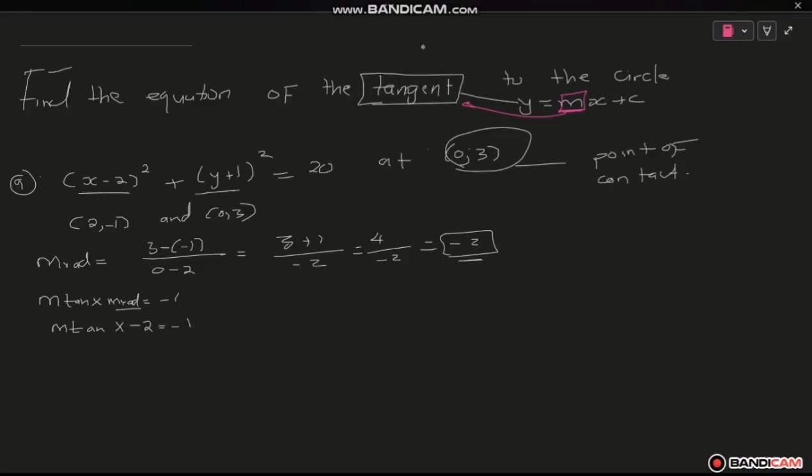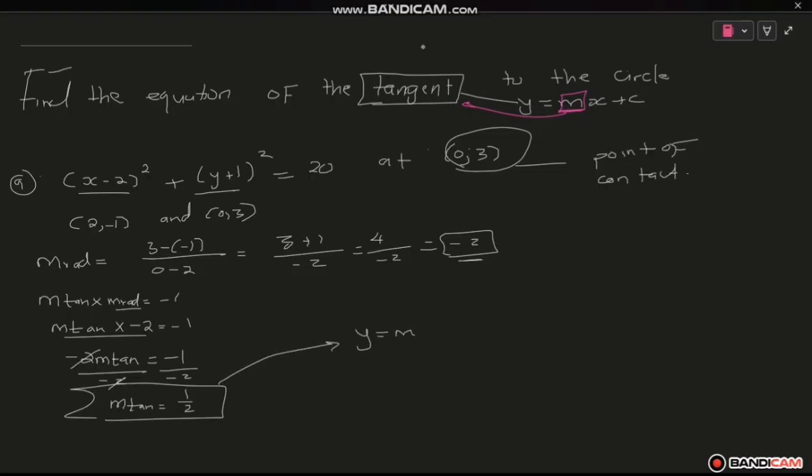Then you equate it to -1, and divide both sides by -2 to make m tangent the subject of the formula, since you're solving for m tangent. Therefore, m tangent is 1 over 2. This 1 over 2 is the gradient of the tangent.